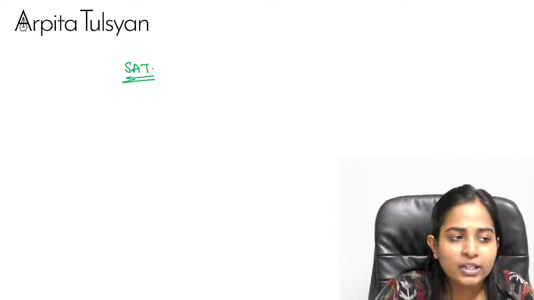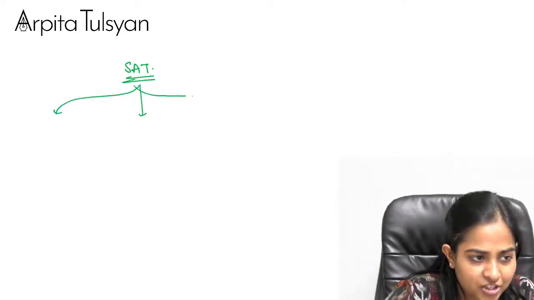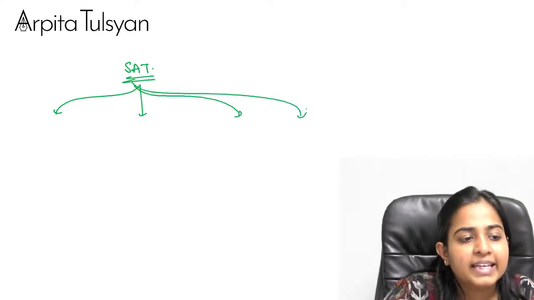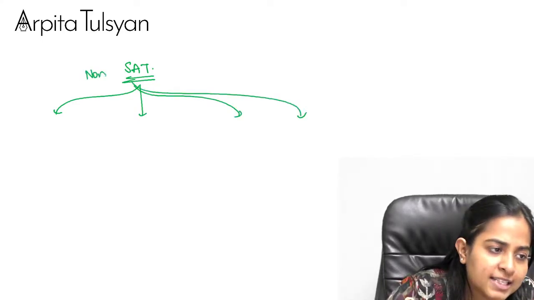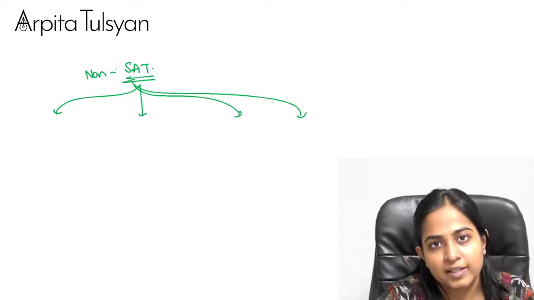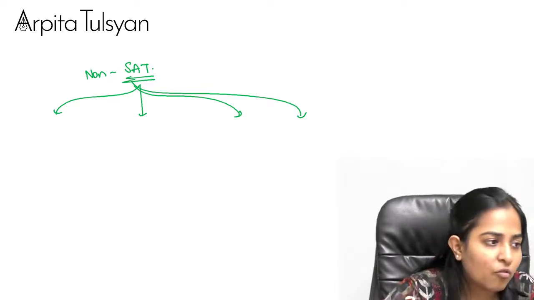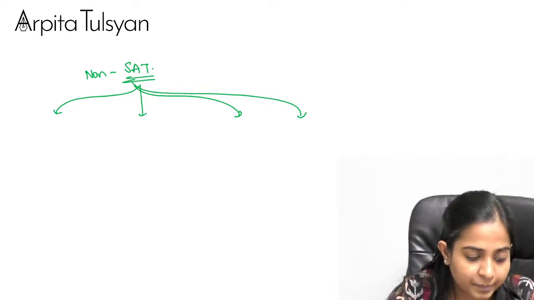So what they have given is a list of 4 transactions which are non-significant accounting transactions. Now, what are those? Listen.